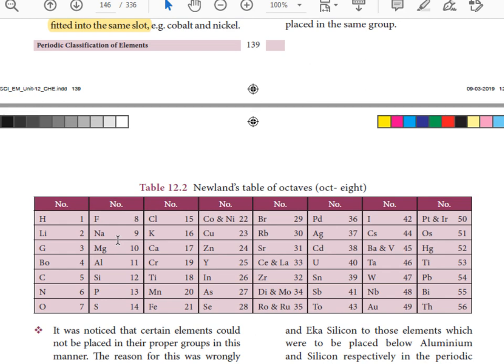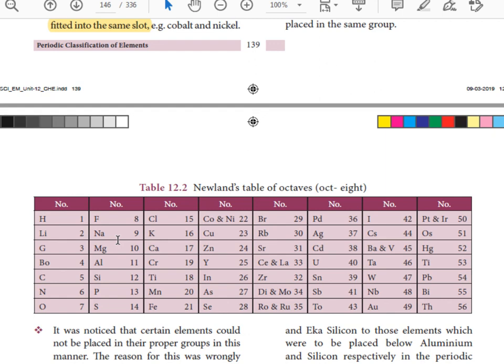The limitations: two elements are fitted into the same column; some totally different elements had to be placed in between another group because of arranging by increasing atomic mass; it was not valid for elements having atomic masses higher than that of calcium; and after the discovery of inert gases it failed to explain the law of octaves, as the first and ninth element became equal.